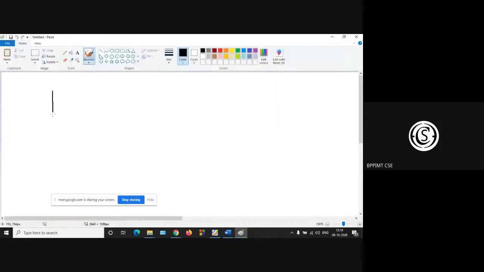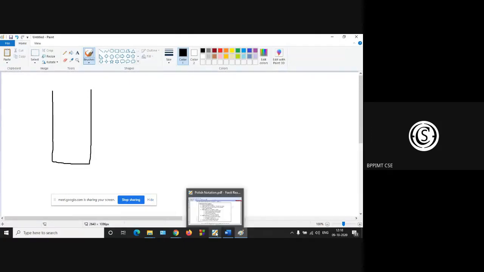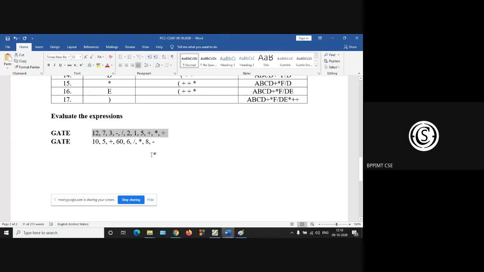So first problem. When you have an operand, you have to put the operand in the stack. And when you encounter an operator, you have to pop the last two operands. So first is 12.